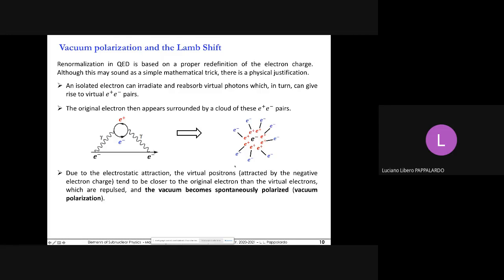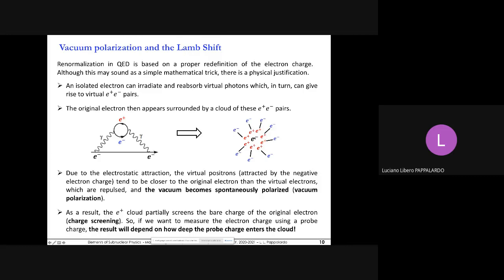And so what we say here is that the vacuum becomes spontaneously polarized. So we talk about vacuum polarization when we have this kind of effect, in the sense that these virtual pairs, e+ e-, are not distributed uniformly in space, but due to Coulomb attraction or repulsion, they tend to be distributed in this way around our original electron.